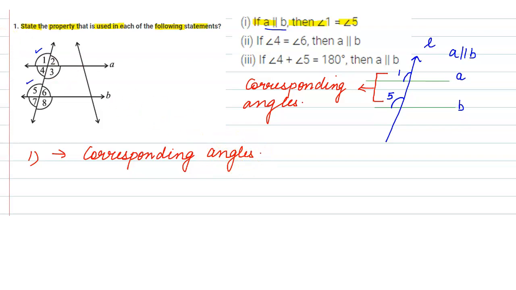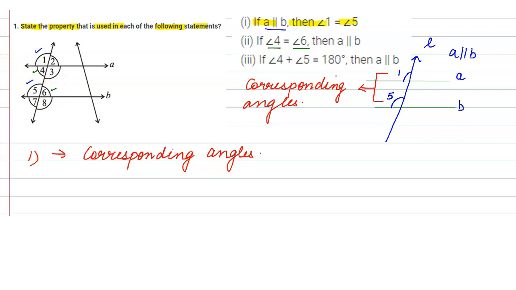Moving towards the second statement, it is: if angle 4 is equal to angle 6, then A is parallel to B. We are given that angle 4 is equal to angle 6, then we need to show that A is parallel to B, right? So angle 4 is this and angle 6 is this.